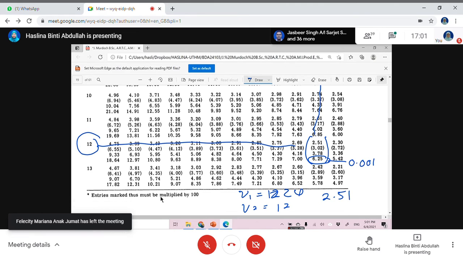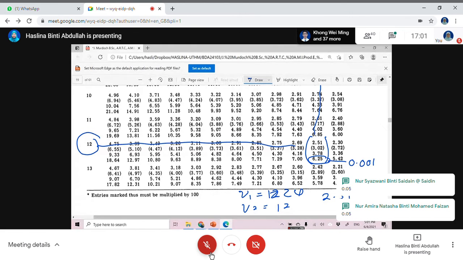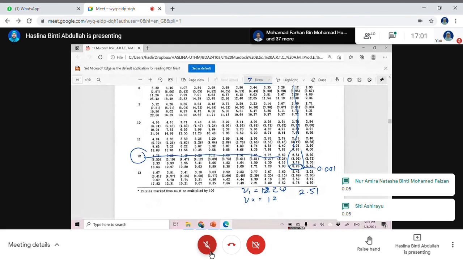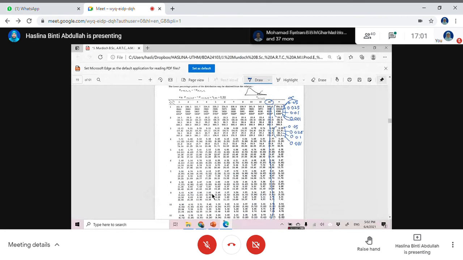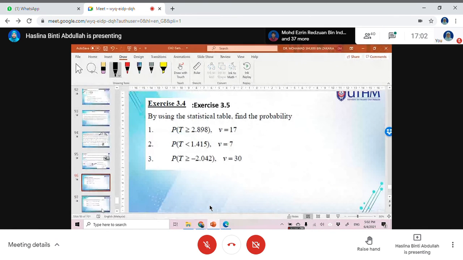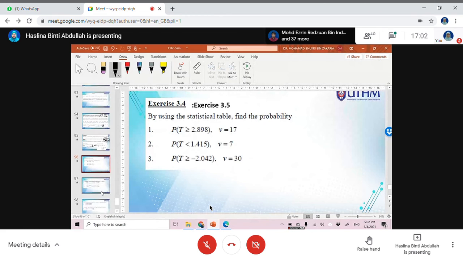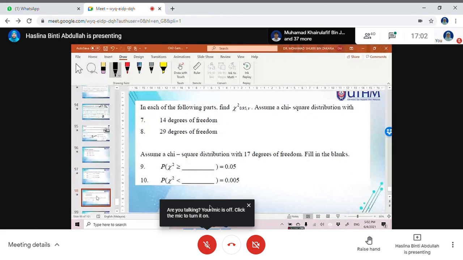What is the value of alpha? 0.05. Sebab alpha ni tetap 0.05. Siapa yang tak faham tak? Siapa yang tak faham? Anyone?